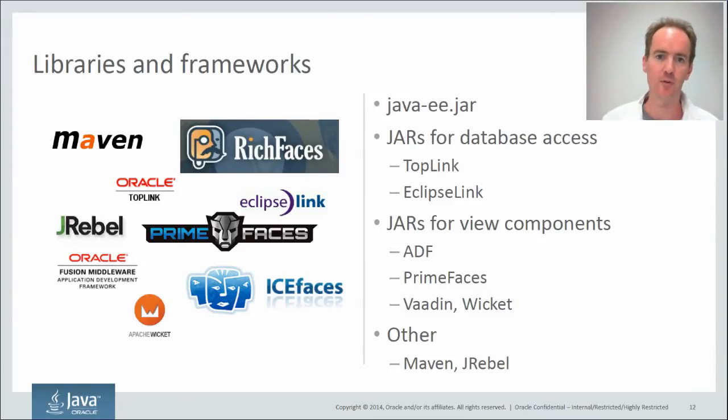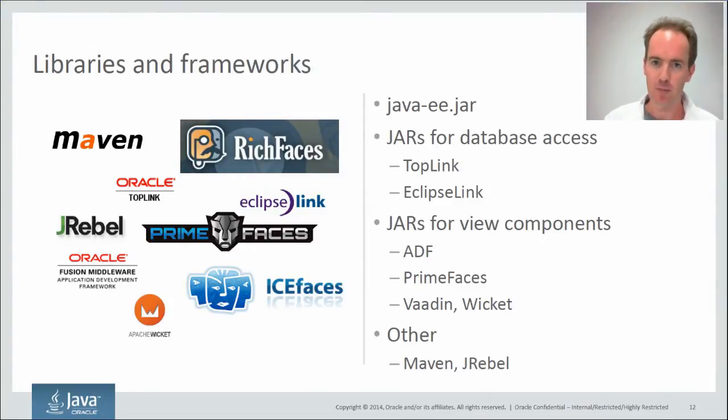So it's a standardized approach to the build process and to the distribution process and the testing process of any application that makes use of, among others, Java EE. JRebel is focused on helping you develop your application very quickly.